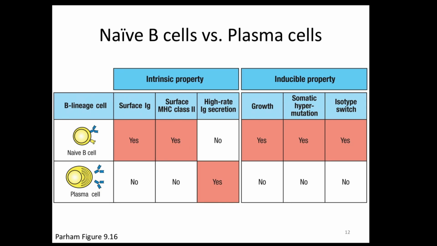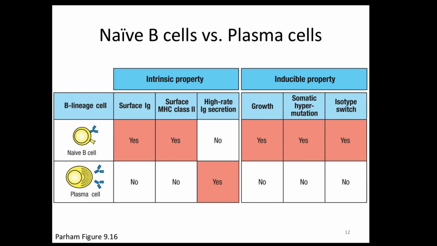This shows us the difference between a naive B cell and a plasma B cell. A naive B cell has immunoglobulin on its surface, aka B cell receptor. It has MHC class II on its surface. It hasn't really learned how to secrete much antibody. It may secrete a little, but not a ton.